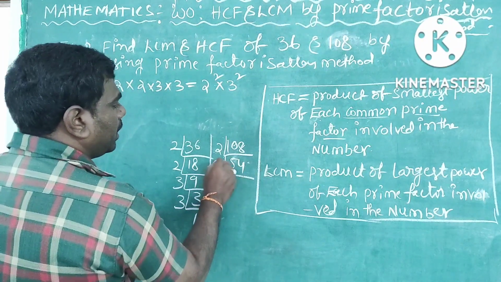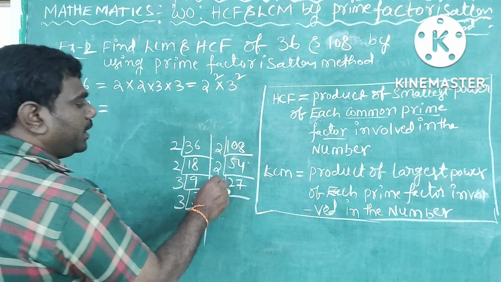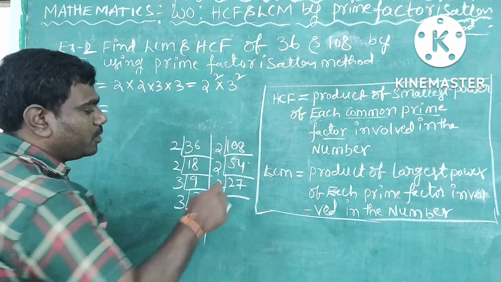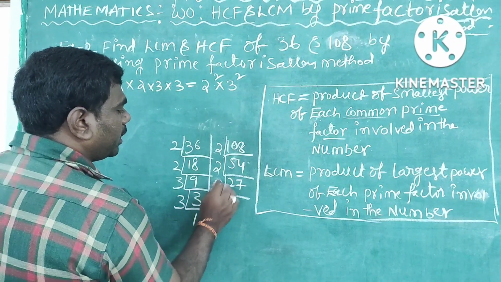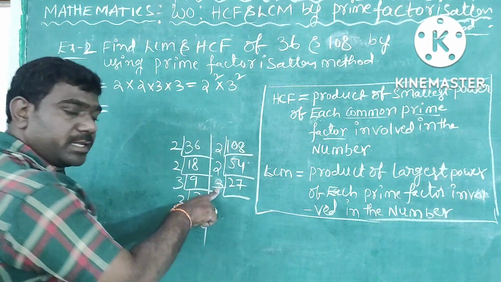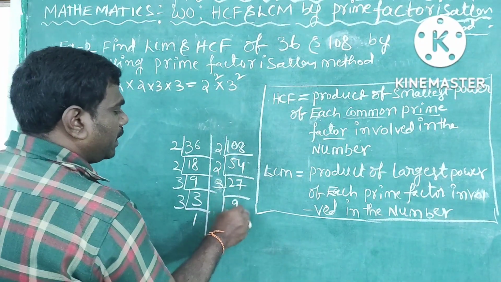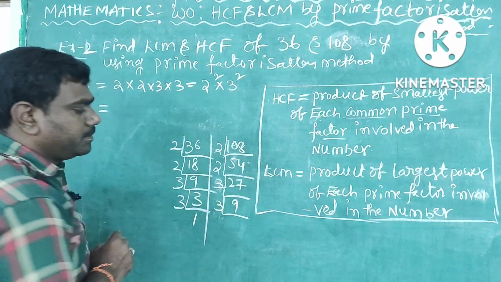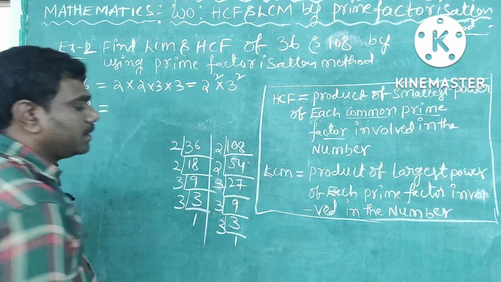Next, 2 27s are 54. Again take 2. Now check, is 27 divisible by 2? No, not possible. Take the next prime number, that is 3. 27 is divisible by 3: 3 9s are 27. Now 9 is divisible by 3: 3 3s are 9, and 3 1s are 3.